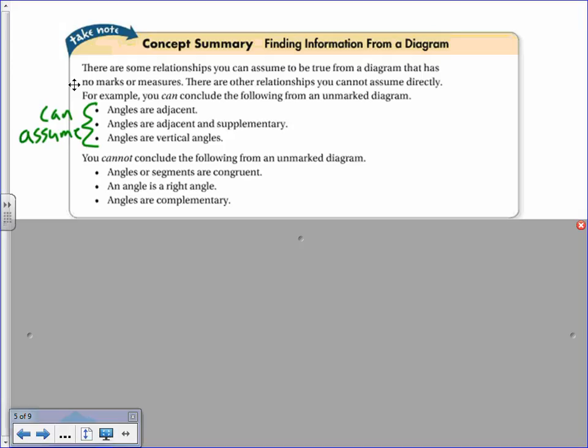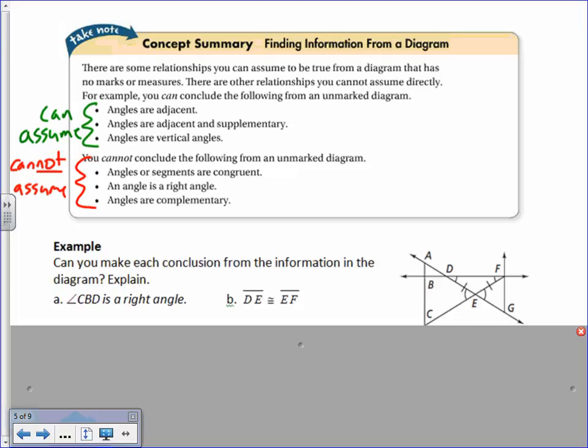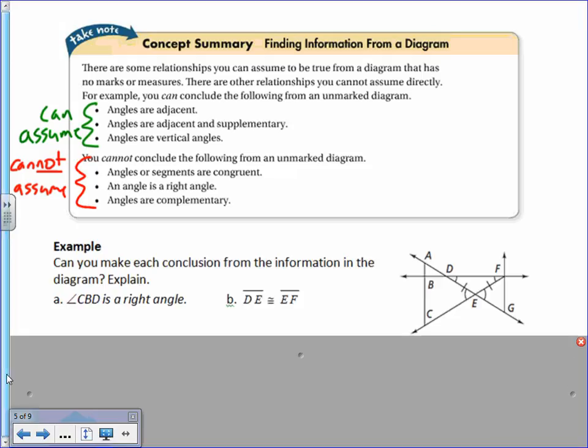You cannot, however, assume, we'll put that in red, cannot assume, angles or segments are congruent unless they're marked. An angle is a right angle unless it's marked, or angles are complementary unless it's marked. Because complementary you can't tell unless you have a right angle. And if you don't have a right angle symbol, you don't know.